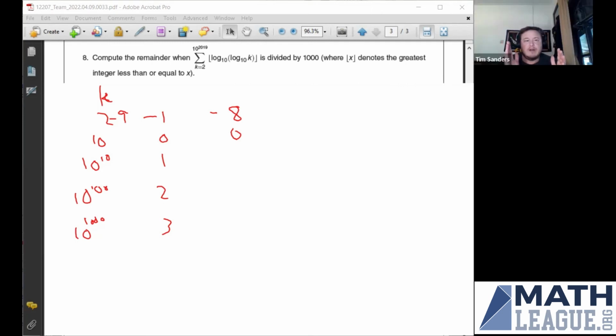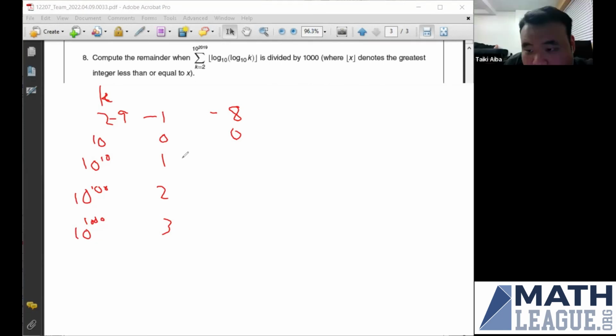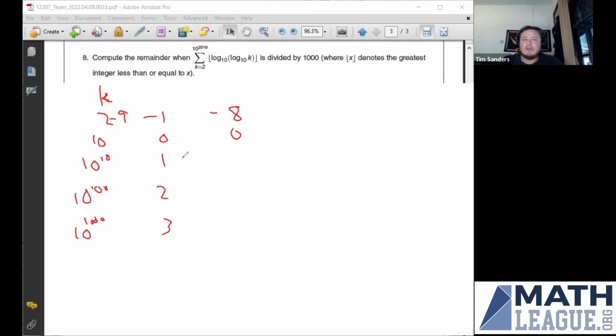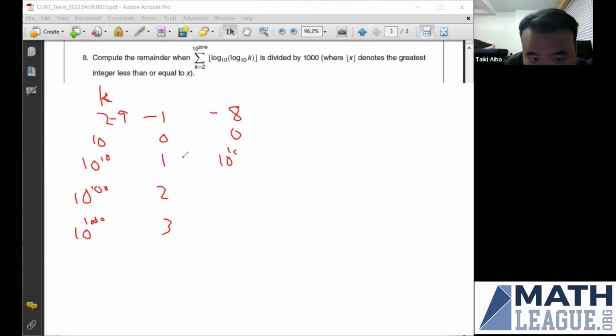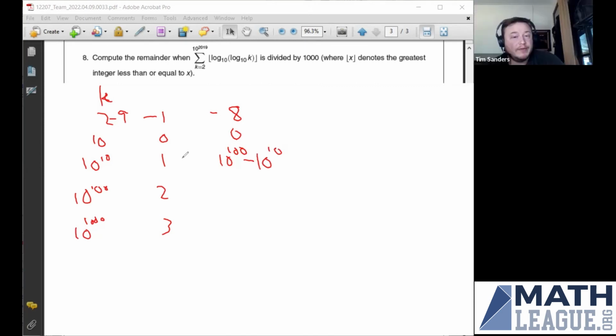We're just calculating the number. So obviously the ones, they're going to start at 10 to the 10 and end at 10 to the 100th minus 1. But that's the same as starting at 10 to the 10 plus 1 and ending at 10 to the 100 if we're just enumerating them. And so to get that, we just subtract 10 to the 10 from 10 to the 100, and that's all ones.